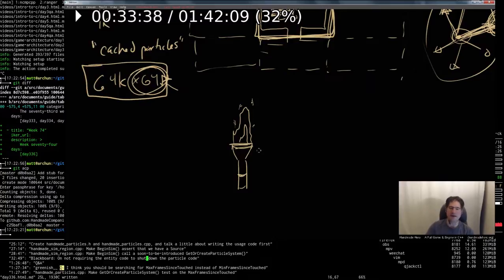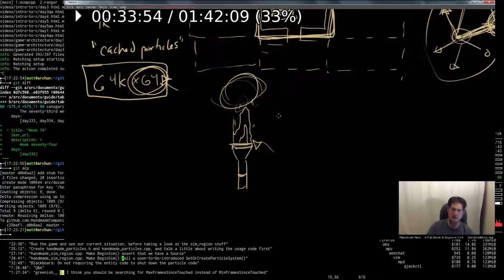Well, maybe the person who wrote that code to destroy the torch does something with the particle system to make it do a poof thing and make smoke. In which case, it's fine. And in that case, they could mark the particle system by saying this particle system doesn't need to be touched anymore, it's on its own cleanup scheme or whatever, right? But let's say that nobody does that.